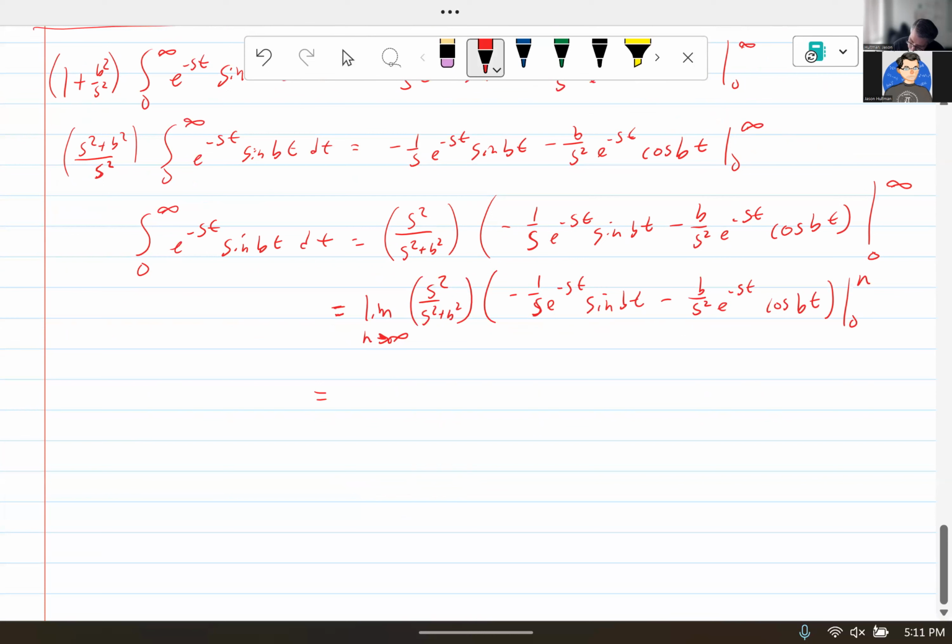So this is equal to the limit as n goes to infinity of s squared over s squared plus b squared times negative 1 over s e to the negative st, sorry, it's no longer t, it's n, sn, sine of bn minus b over s squared e to the negative sn cosine of bn.